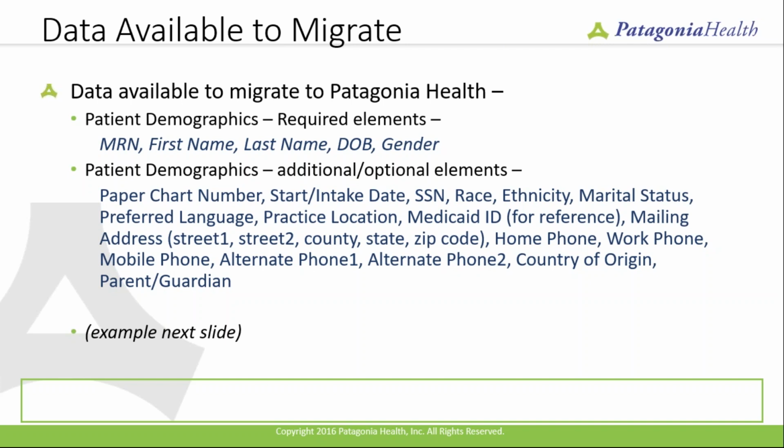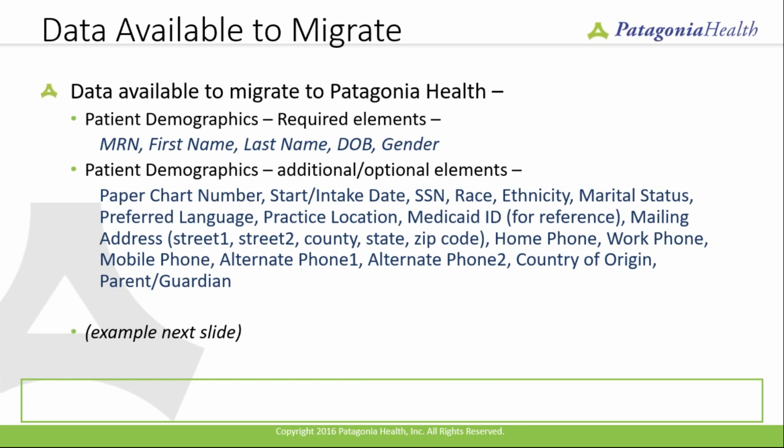So the MRN number is preferred, and I'll talk about that here in a second. The patient's first name, patient's last name, the date of birth, and the gender are required to create a patient record. We look at additional demographic information that can be included.